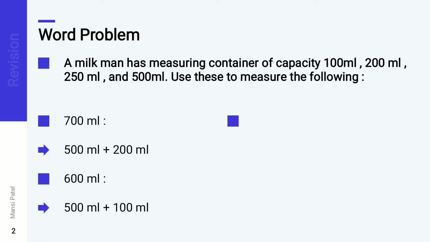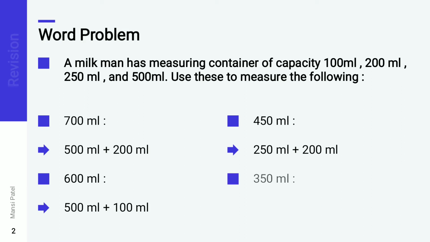Now the next one, if you want to make 450 milliliter, which capacity will you use? 250 plus 200 is equal to 450 milliliter.